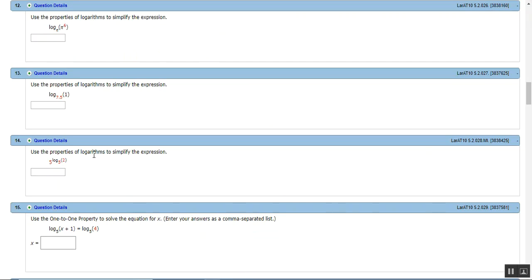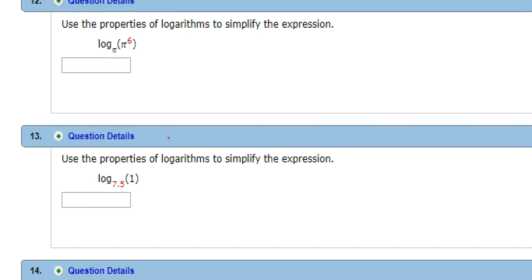Now let's go to the first problem. For the first problem, we use the inverse property. Because this pi is the base, and you see this power, the pi is also the base, they have the same base. So therefore, you can quickly write down this is going to be 6. And now the second one is according to the property that we just reviewed.